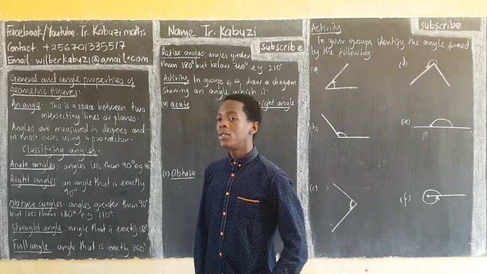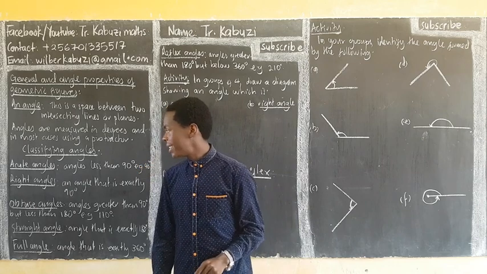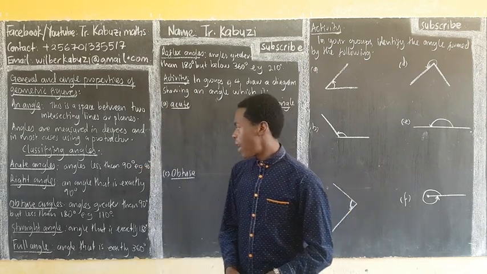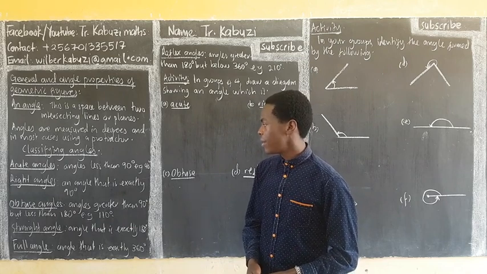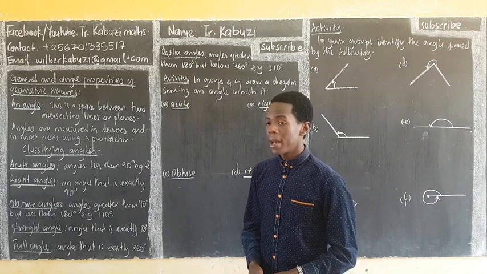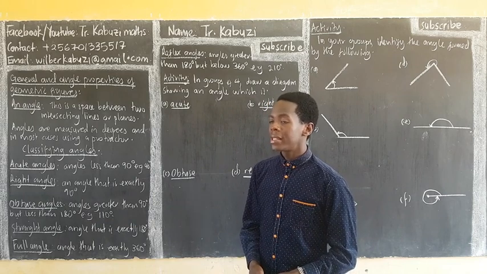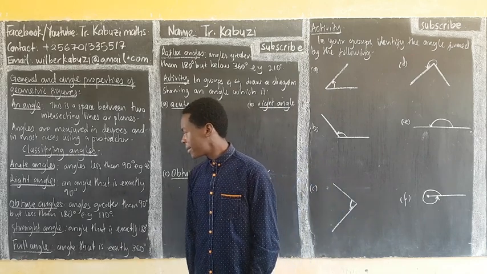The angle between two perpendicular lines is 90 degrees. Obtuse angles: angles greater than 90 degrees but less than 180 degrees.